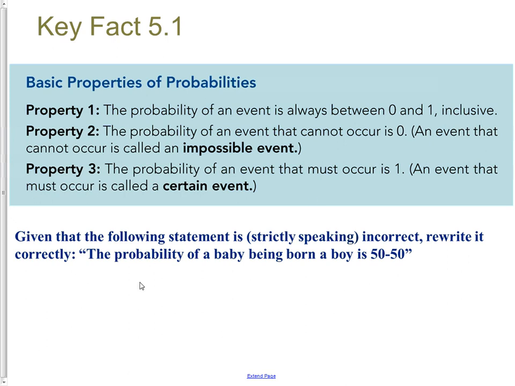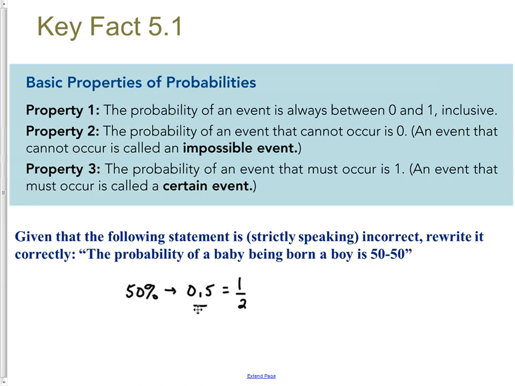So strictly speaking, this statement, the probability of a baby being born is 50-50, well, we know what they mean, but what are we really asking? If we wanted to state it correctly, according to property 1, that probability has to be between 0 and 1. When most people say 50-50, they mean 50%, so we typically write 50%, and by 50%, of course, we mean as a decimal 0.5, or stated another way, 1/2.